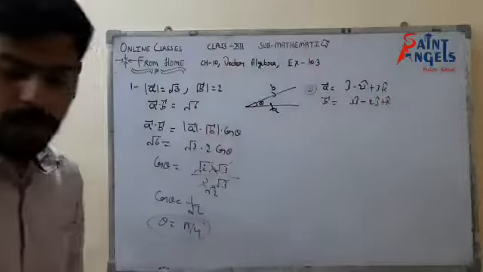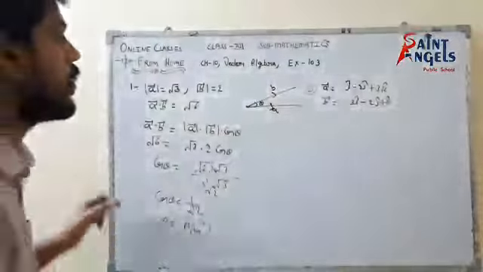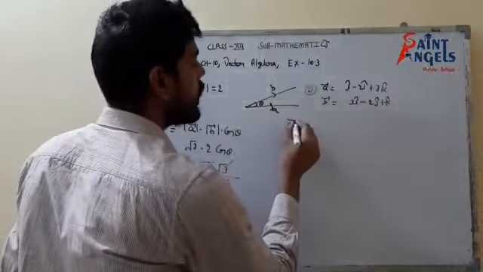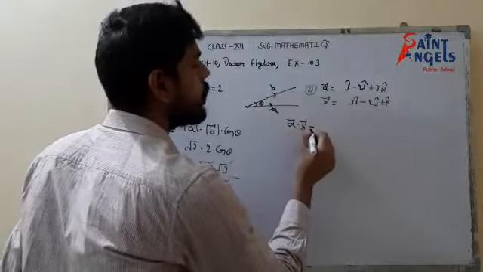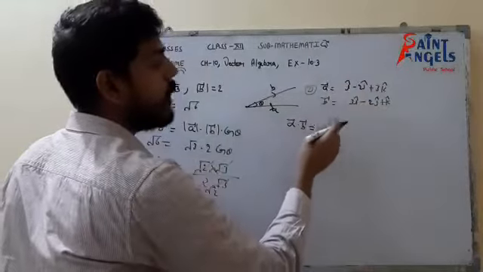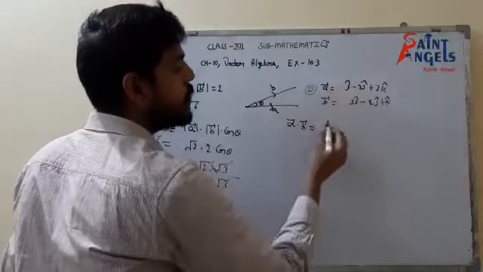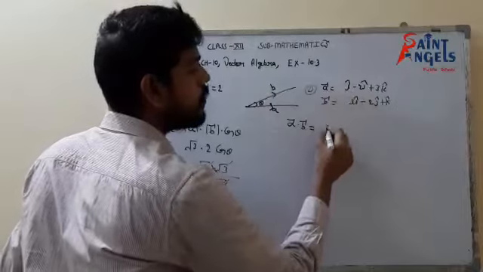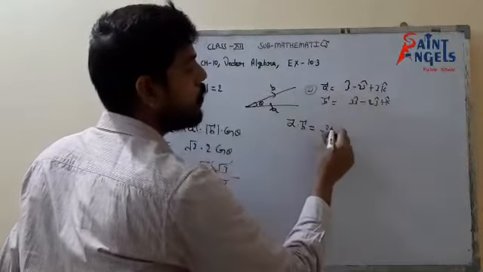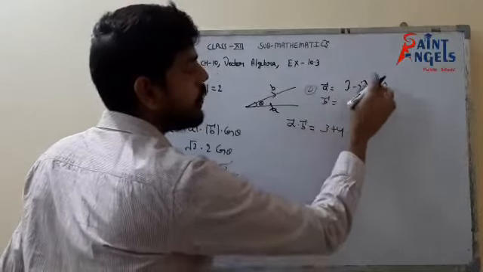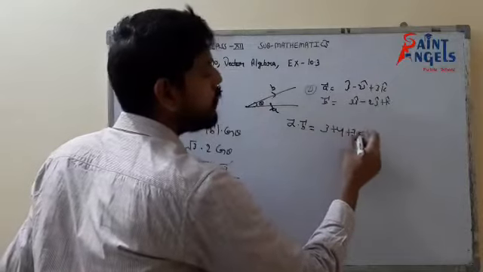Now we have to find the angle between these two vectors. We know that a dot b in component form, we simply multiply their coefficients. So that would be 3 into 1, 3, minus 2 into minus 2, plus 4, plus 1 into 3, 3. So that would be 10.